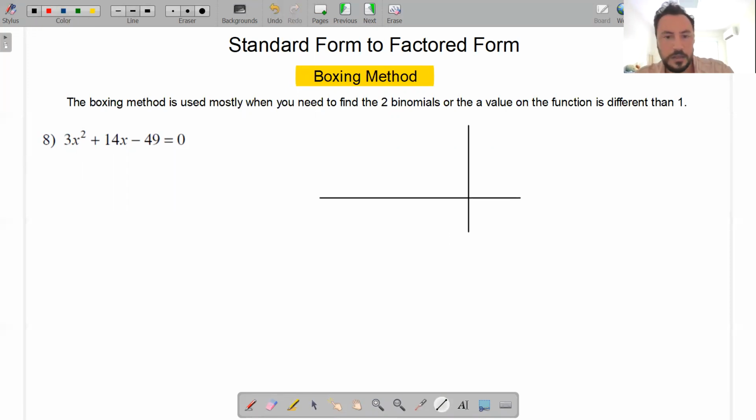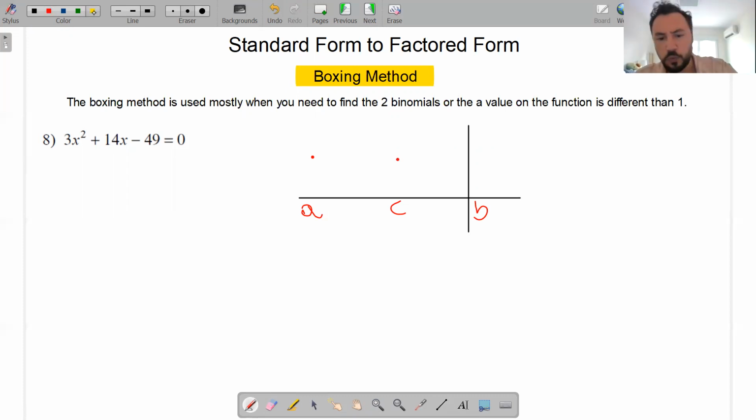The boxing method involves a box like this one, where we are going to write the value of a here, the value of b here, the value of c here, and the value of b here. We will look at two numbers that multiply to each other give you a, and multiply to each other give you c.